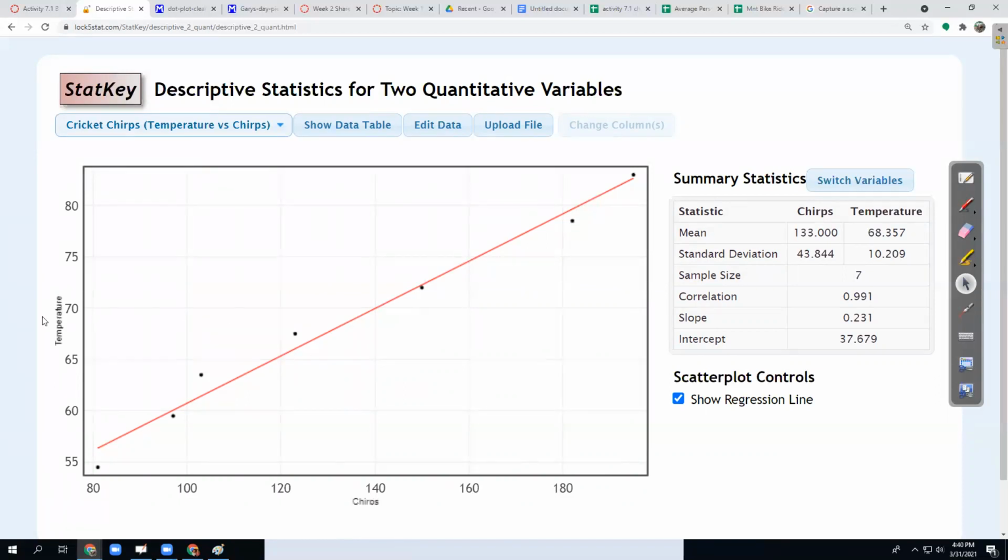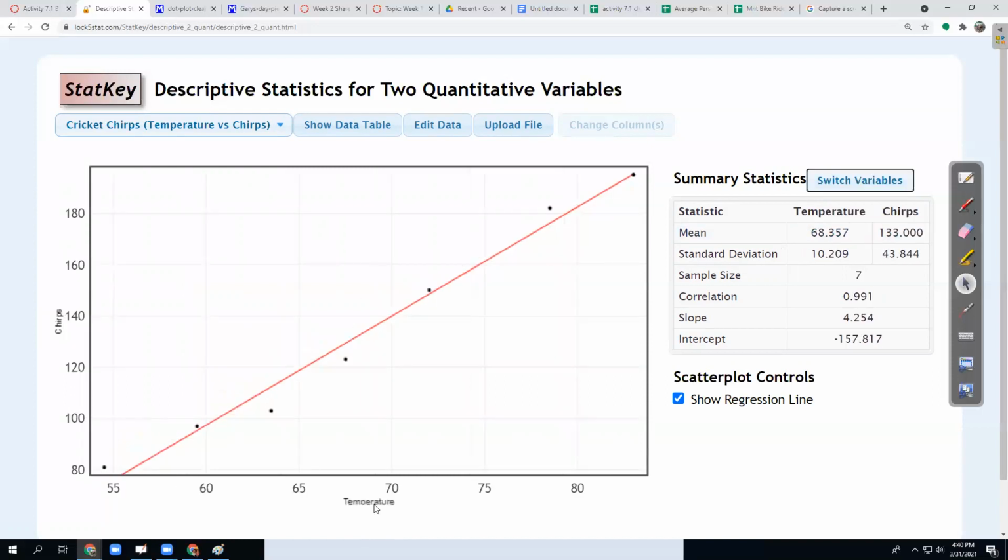temperature. Now, really, this goes the other way. So I'm going to switch the variables. It's the temperature that causes the crickets to chirp slower when it's cold or faster when it's warm. And this idea that one variable causes another to change is what's called causation.